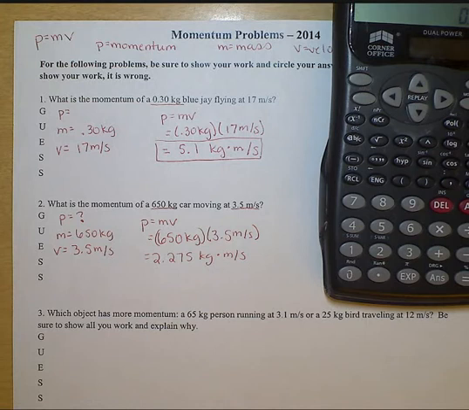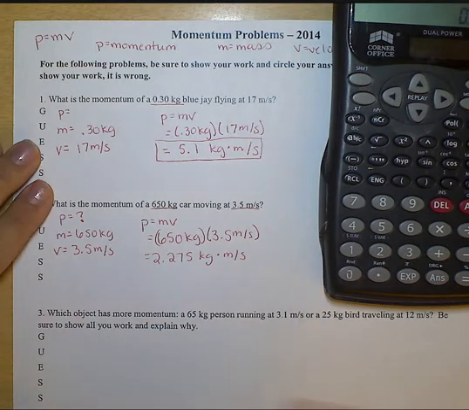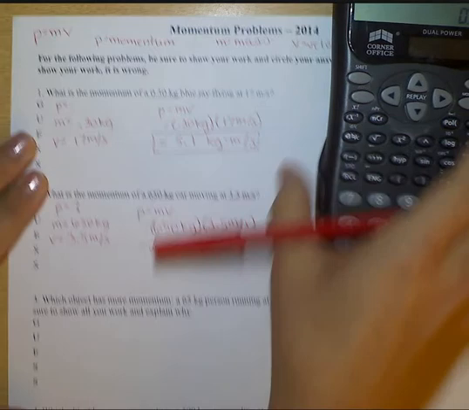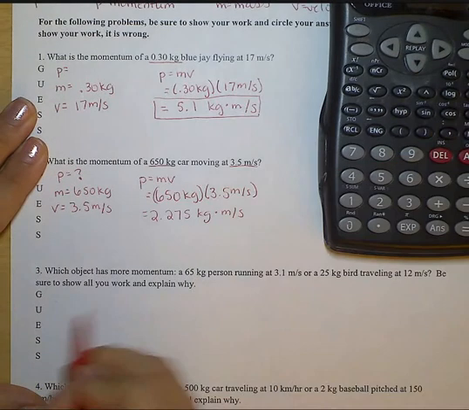Number 3, which object has more momentum? A 65 kilogram person running at 3.1 meters per second, or a 25 kilogram bird traveling at 12 meters per second? Be sure to show all your work and explain why. So this is going to be a two-set problem, so we're going to actually have two different equations going on. So I'll set up the first one on this side and the second on that side.